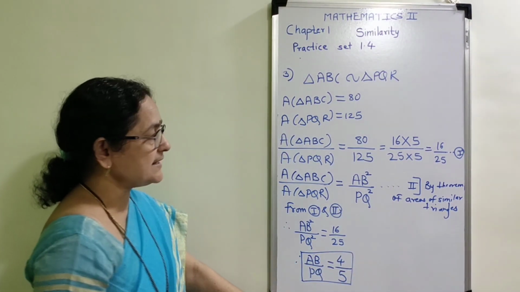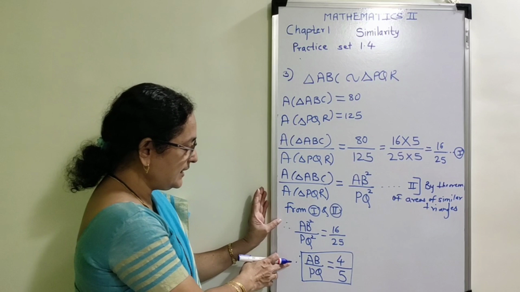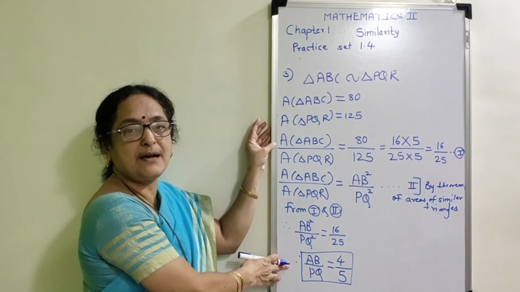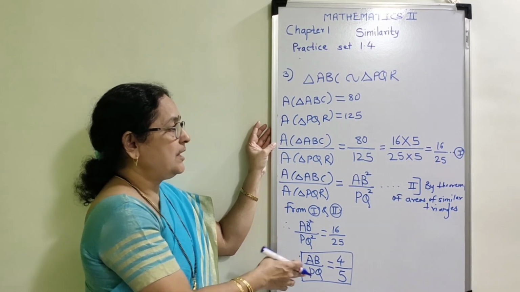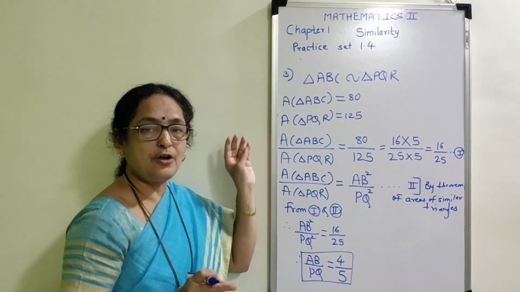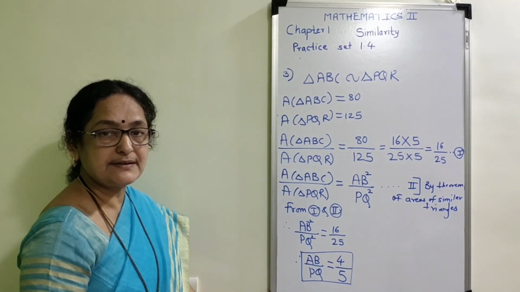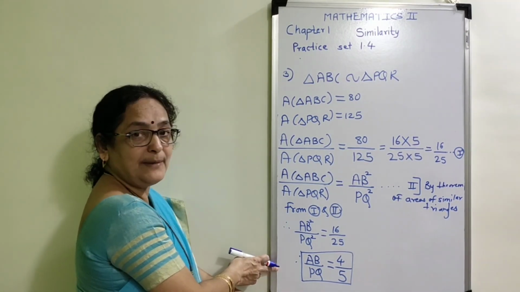Now here in this example, they have directly given these two steps only, and example is given as activity. But if the example is not given as an activity, you have to write each and every step which I have taken on blackboard.